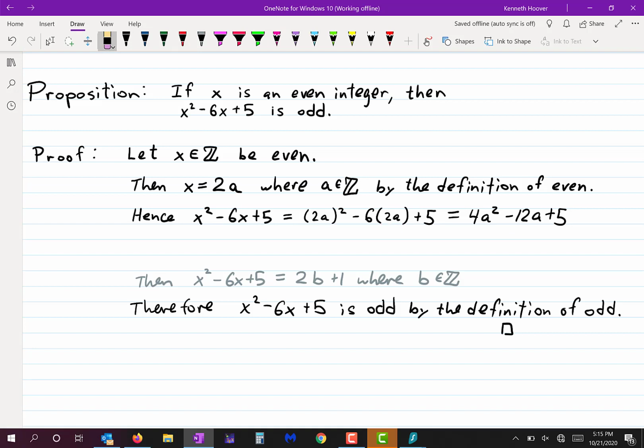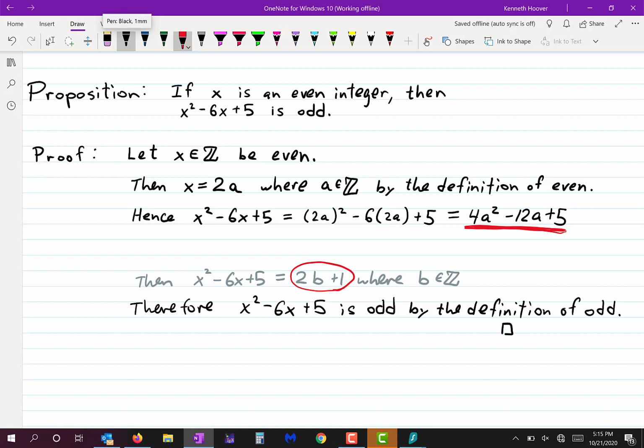Now, what's our goal? Our goal is to make it look like this: 2 times an integer plus 1. So let's look at where we left off up there. Can you figure out how I can rewrite that so that it says 2 times something plus 1?